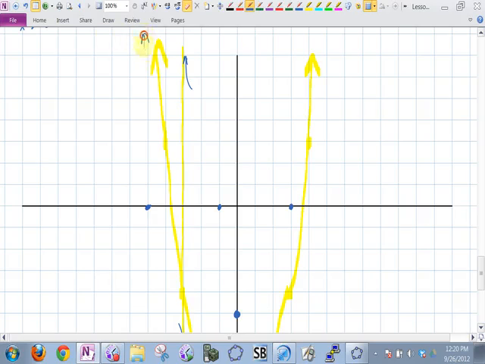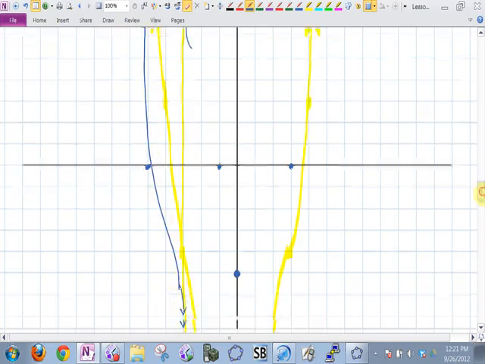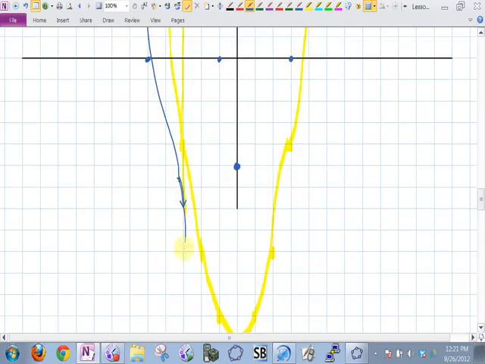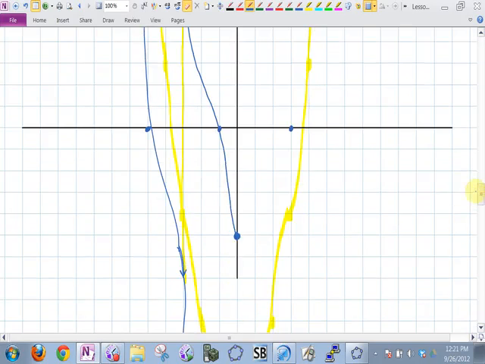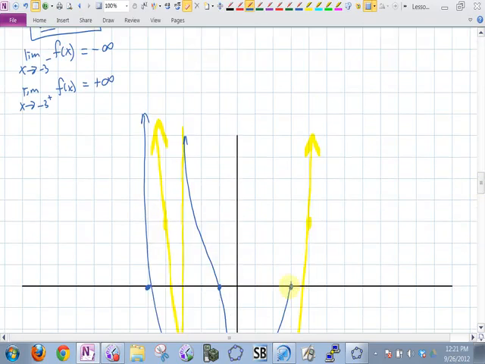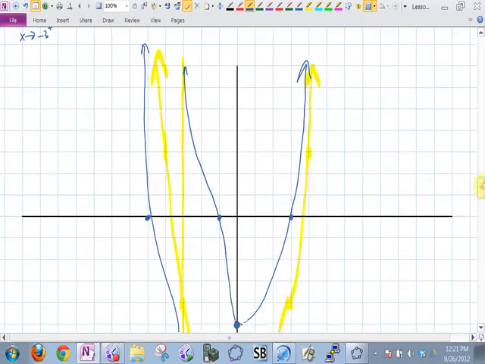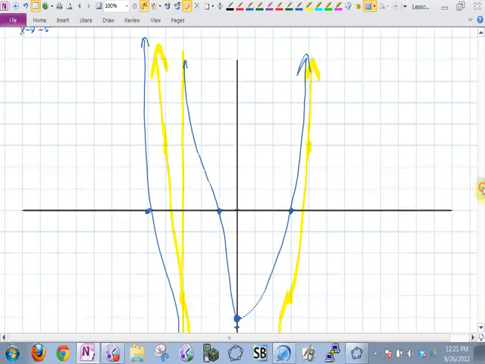So is it going to be like that? I'm definitely going to want to grab this one in GeoGebra because that was kind of strange.